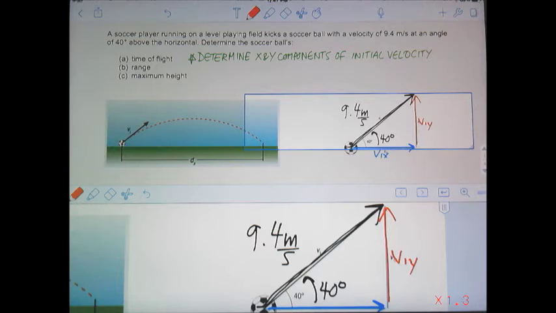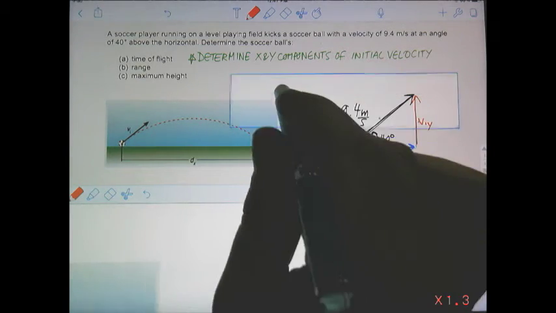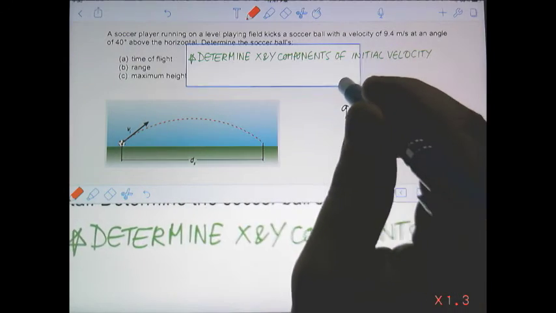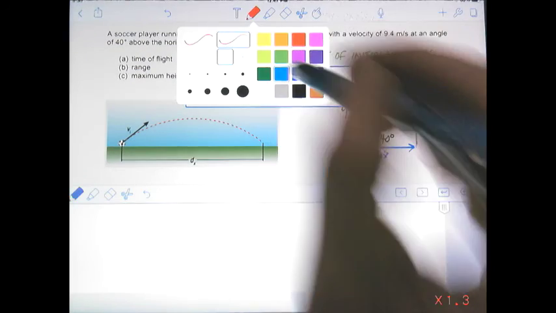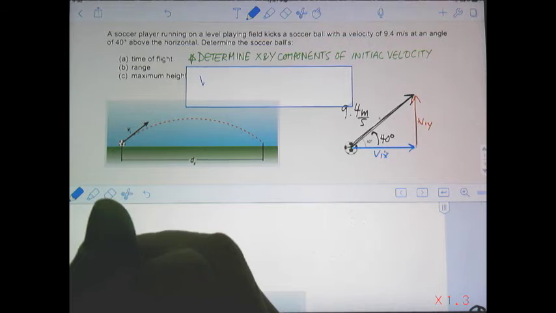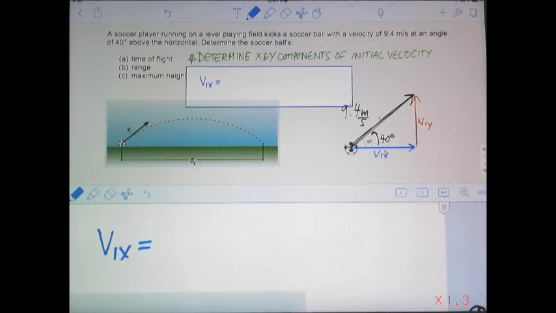So we have to find Vix and Viy using the diagram and trig ratios to solve this. So let's start with the x component of the initial velocity. The x component is the adjacent line with respect to the angle, and the hypotenuse is 9.4.